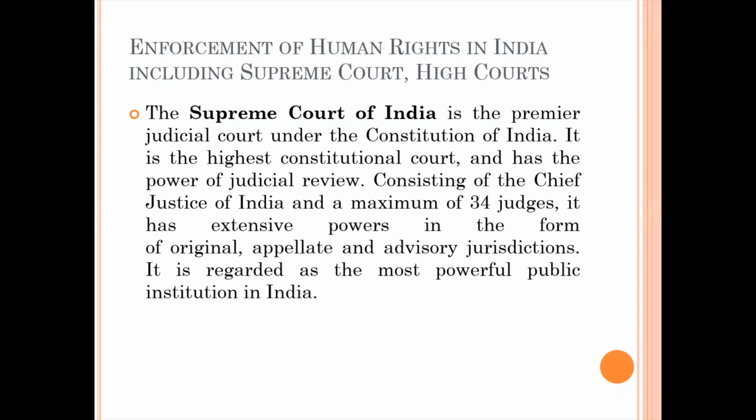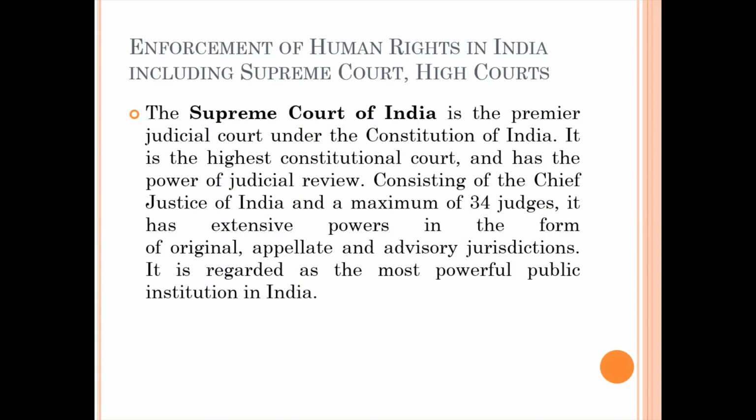consisting of the Chief Justice of India, and it has a maximum capacity of 34 judges, including the Chief Justice of India. It means, except the CJI, there are 33 judges.